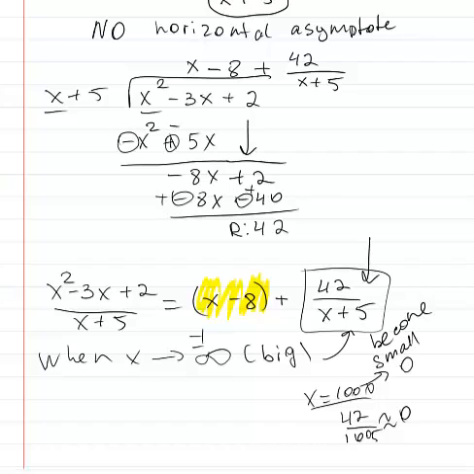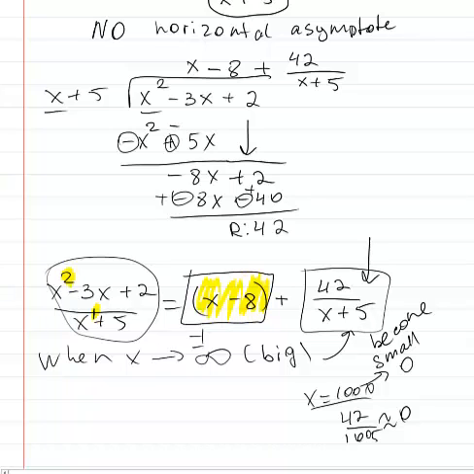So here's the thing you need to understand. When you have a rational expression, and the power in the numerator is exactly 1 degree higher than the power in the denominator, that's when you perform the long division. You're going to obtain a polynomial which is linear. In other words, it's a line. And the remainder will tend to 0.